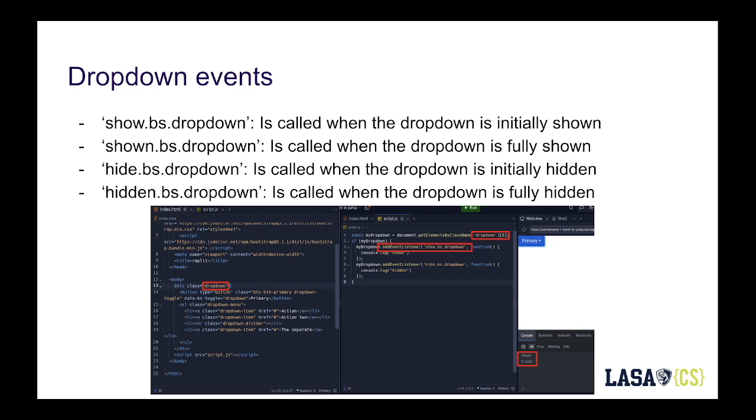The show event will be called whenever the user initially clicks the button to show the dropdown. The shown event will be called when the menu is completely loaded on the user's end. The hide is just the vice versa of show, and hidden is the vice versa of shown.